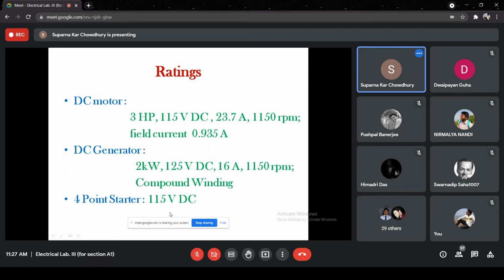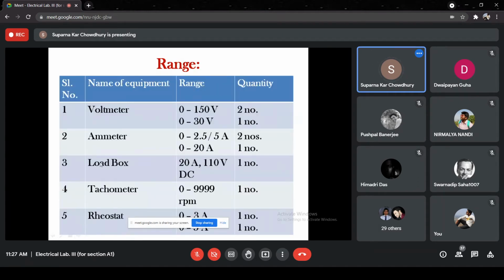So we have a 4-point starter to start the motor. And the meters we require will be the voltmeter 0 to 150 volt, two numbers, one for measuring the motor voltage and one for the generator voltage. And this one, 0 to 30 volt, is required for measuring the armature resistance.